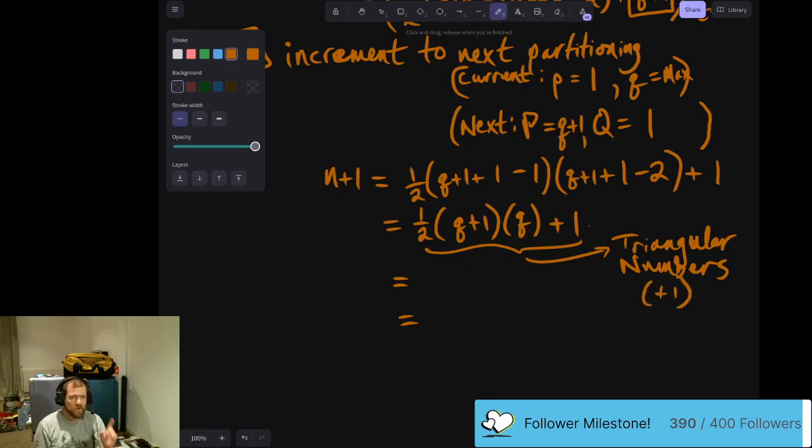So at all triangular numbers plus 1, we get our n plus 1, those locations where we have incremented to the next partitioning. That's cool, and I'm angry about it.